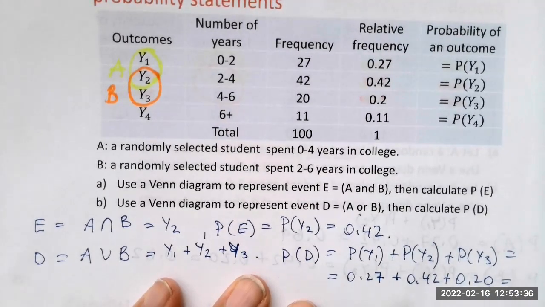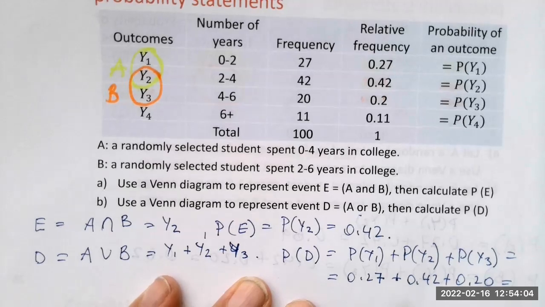And when we add those together, we will get 0.89.